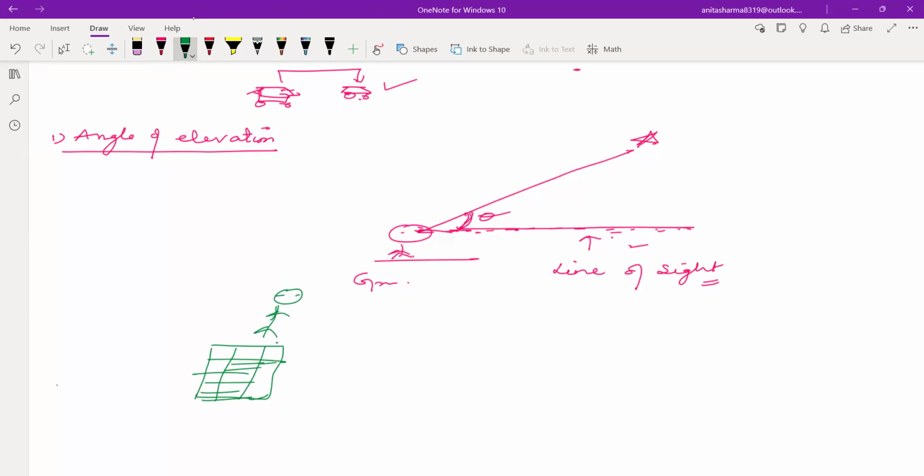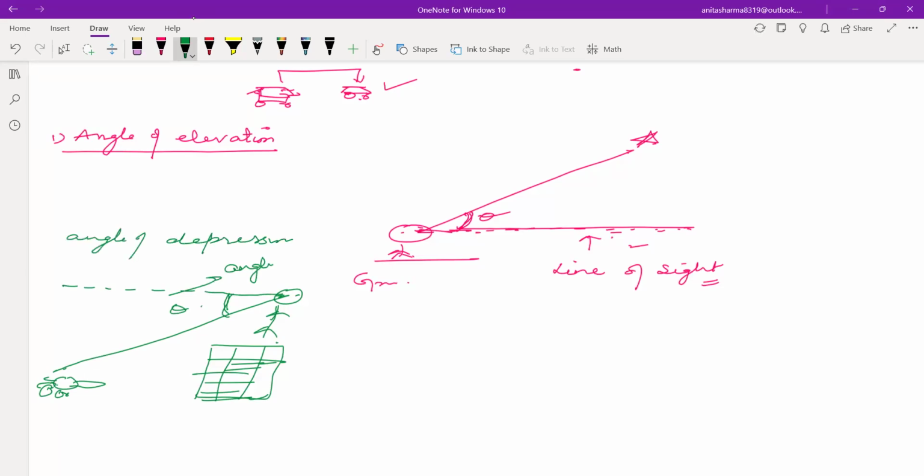And here is, you can say, a tortoise. She is watching that. So the angle made by her while watching this with the line of sight, this angle is the angle of depression.